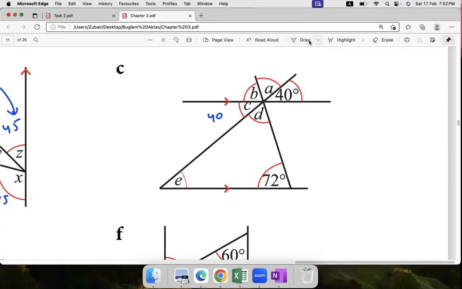Which letter are you going after? I'm doing B because I'm trying to solve the straight line, but we have two unknowns. Yeah, so I would suggest go after D. The easiest one is E, but I want you to go after D.